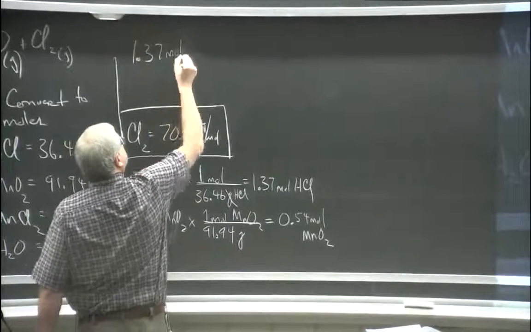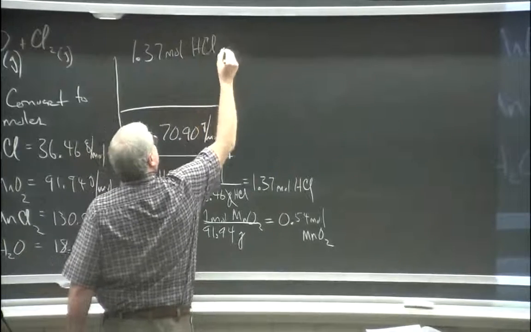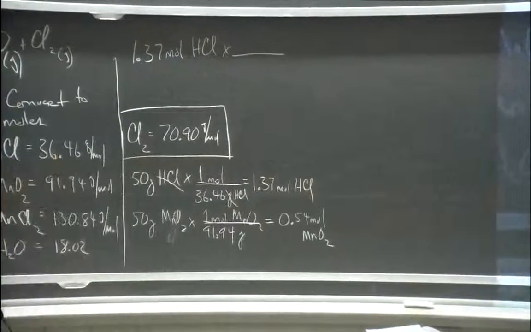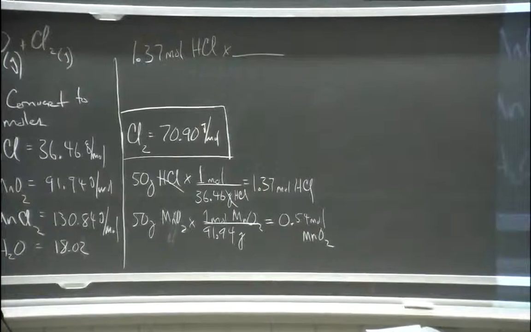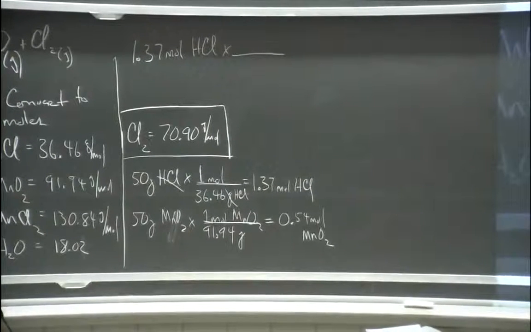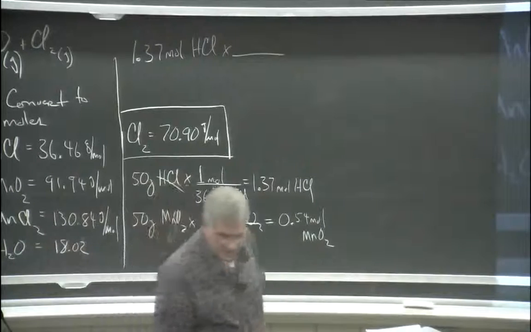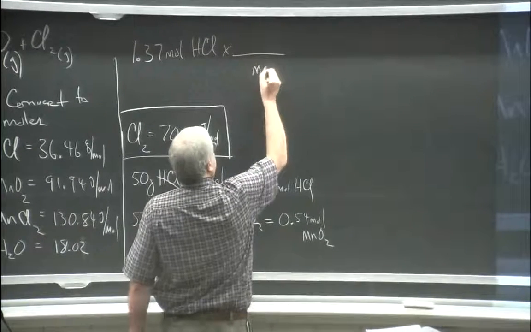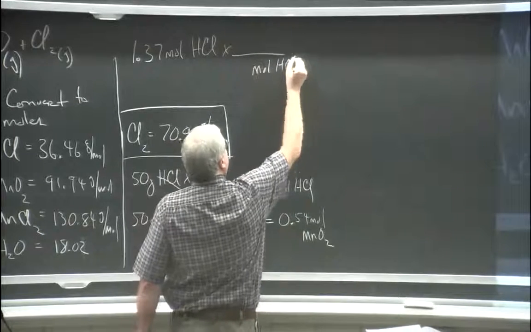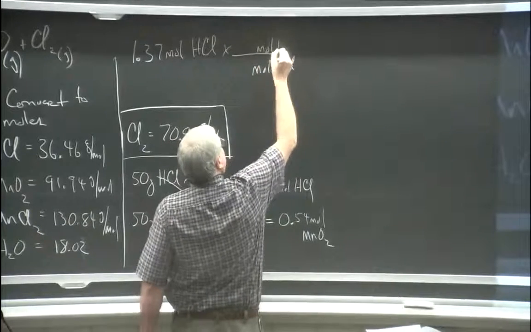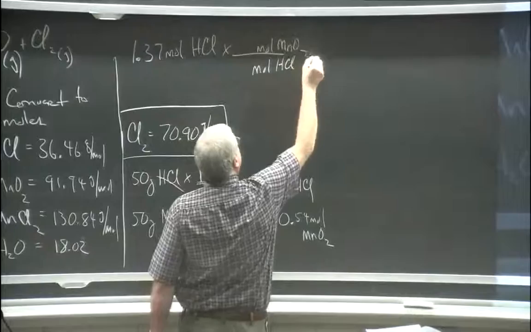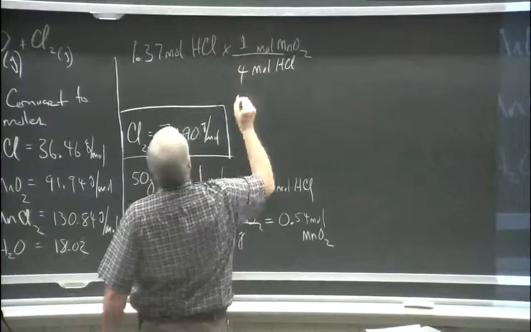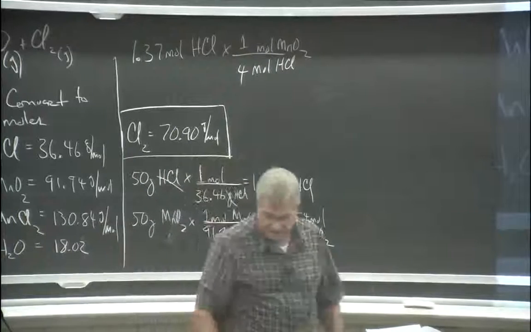1.37 moles of HCl times, now our conversion factor, we're going to be comparing the 4 moles of HCl to the 1 mole of MnO2. Okay, did I move the camera? Yes. So put moles of HCl underneath so they cancel properly. Moles of MnO2, and we're going to have 4 to 1. Okay.